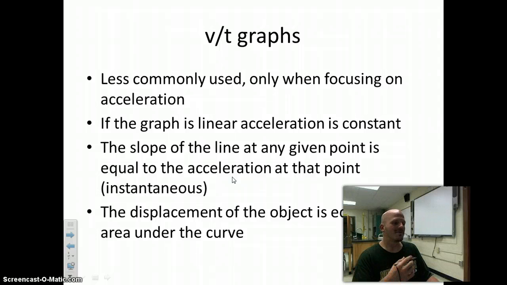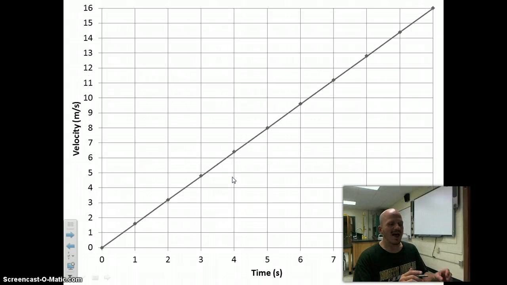Now, there's one other thing we do here, which you'll probably do again somewhere in calculus: we look at the area under the curve. I can figure out what my position or displacement is by looking at the area under the curve. The easiest way to cheat with this is we take these numbers, 0 and whatever number that's going to be, and we average them.